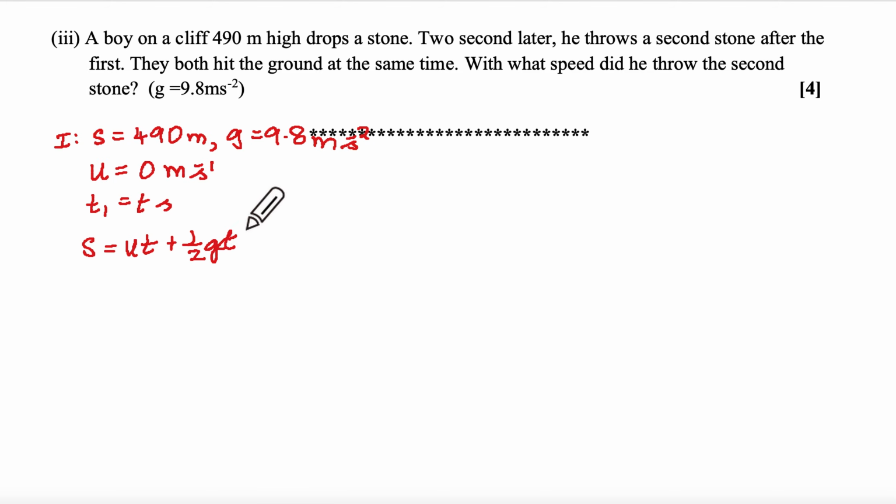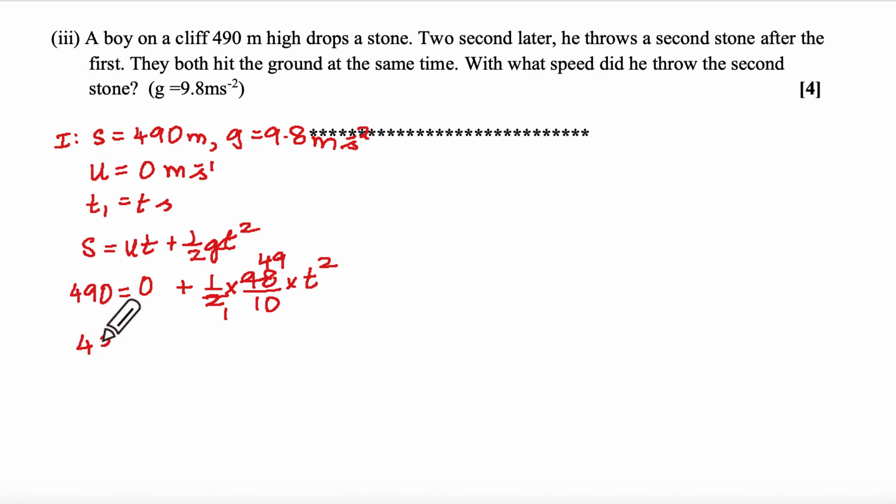Now s is equal to ut plus half at square, I'm writing gt square. So 490 is equal to 0 into t, which is 0, plus half into g, which is 98 upon 10, into t square. We do not know t, but we know that it is the same time as the second case. Here 2 will go 49 times.